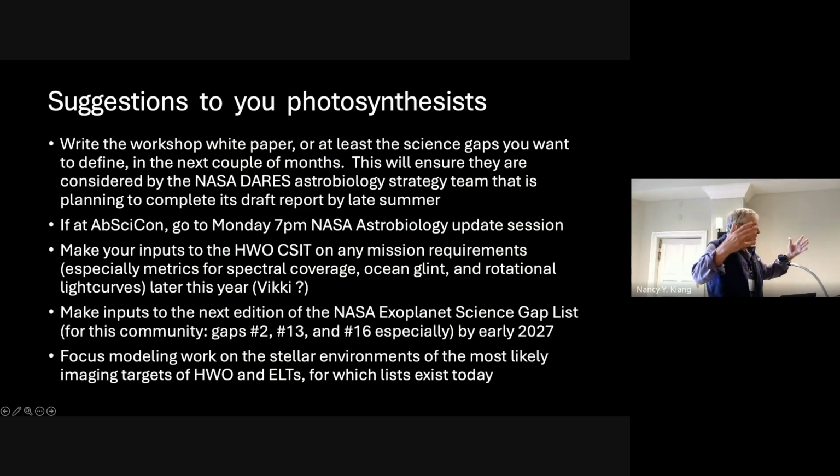If it gets bigger, if the telescope gets bigger, then the target list will get bigger. And there is such a target list that could be made for the ELTs also if you're doing reflected light imaging. And so the specific stars that are going to be accessible are to 0th order known today. So if you're doing modeling of what a reflected spectrum would look like, I encourage you to pick one of the stars from the list and use that as the input to your models. Okay, that's it.